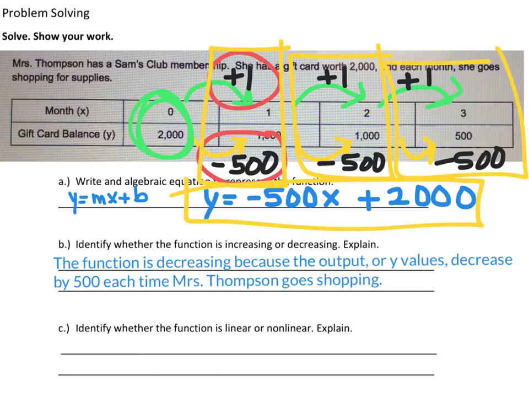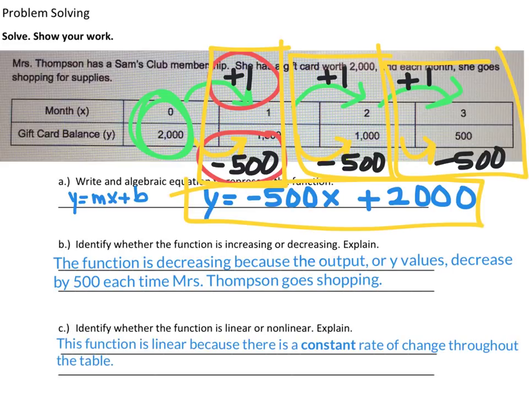So the rate of change is consistent throughout the table. Therefore, this is a linear function. So I said the function is linear because there is a constant rate of change throughout the table.